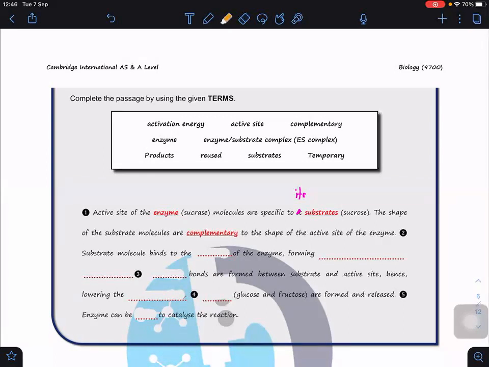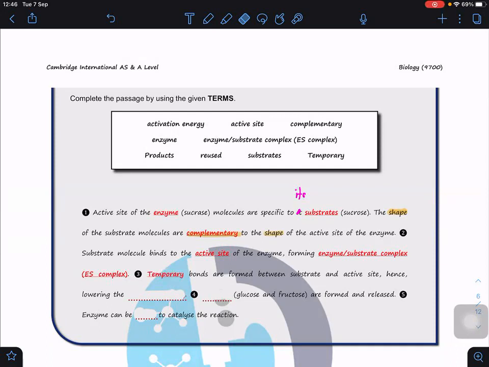So highlight the words: you must include the shape of the substrate is complementary to the shape of the active site. Not other things, it's the shape. Next, the substrate molecule binds to the active site of the enzyme, forming the enzyme-substrate complex, or ES complex. So they form temporary bonds.